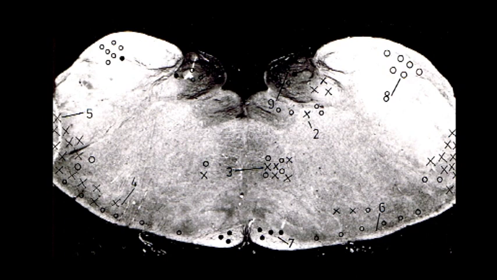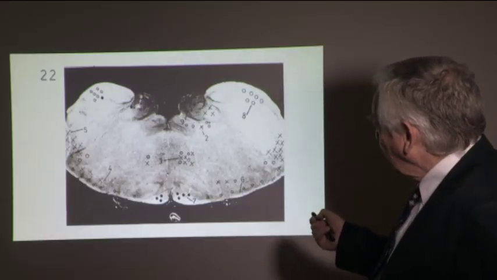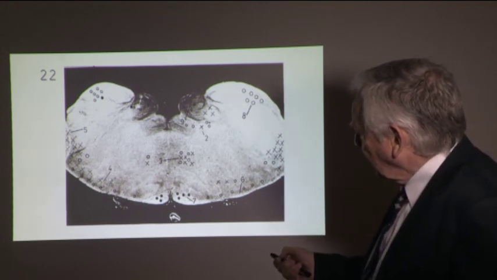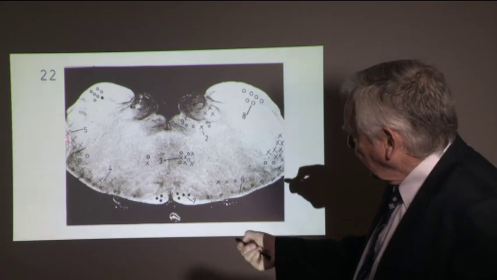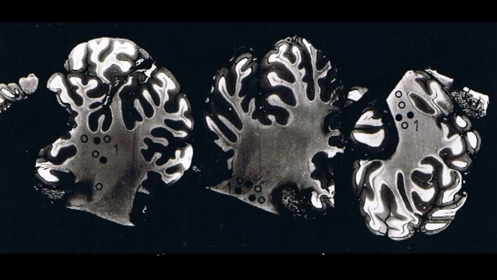So here we're in the medulla oblongata, and there's considerable neuronal degeneration and some perivascular cuffing, but it's quite severe in these areas here. This is the cerebellum. One can see that the lesions here are not very high in number.